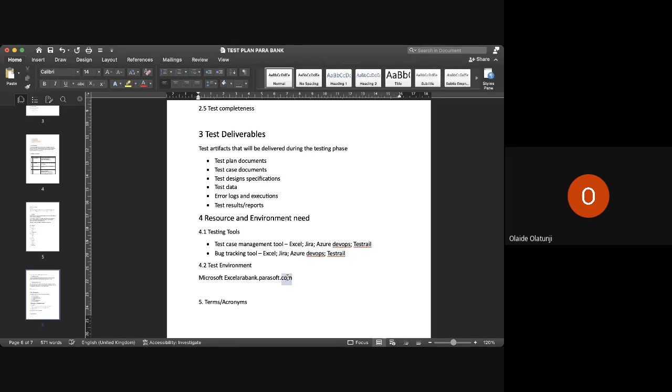So they will give you several application URLs to use, right? So this can be Sprint, with Sprint, Parasoft. This can be Sprint. Then this is master. So you can have master.